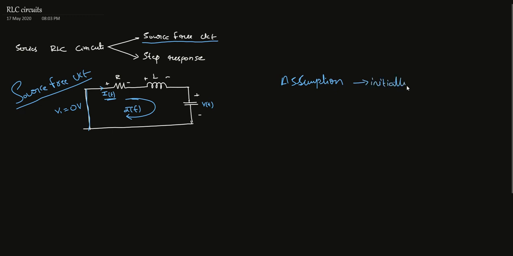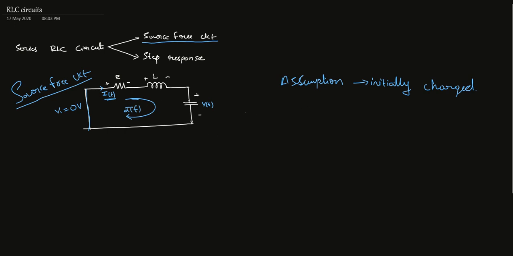It means initially it is connected to some source, then we are seeing what happens to the circuit when we remove that source and short circuit the source. That is what we want in this particular source free circuit.